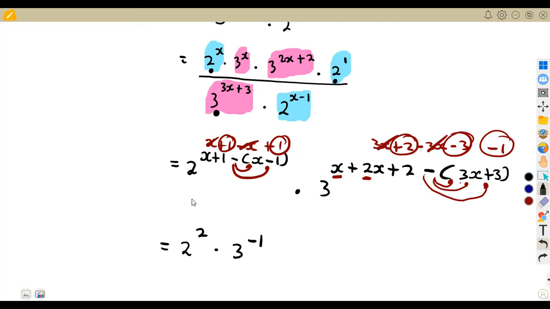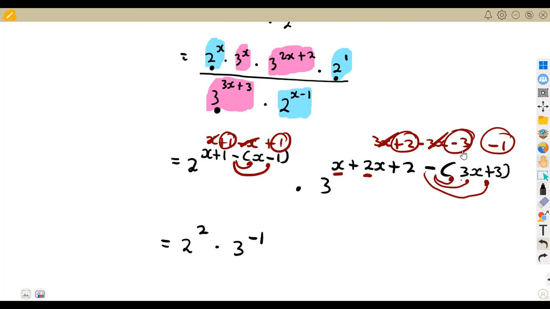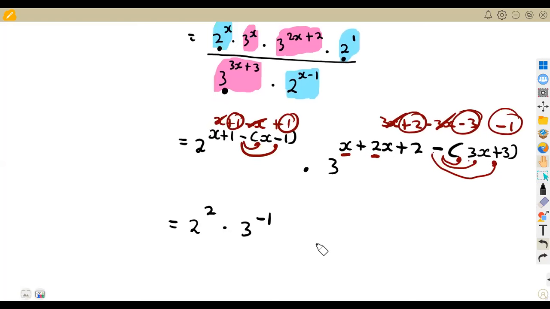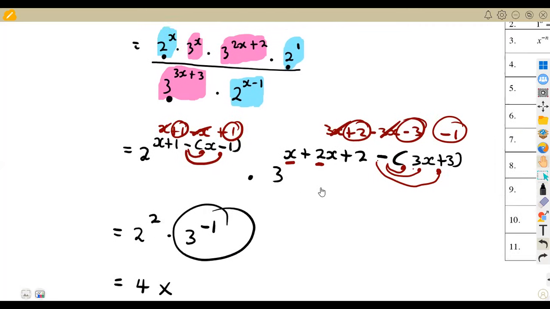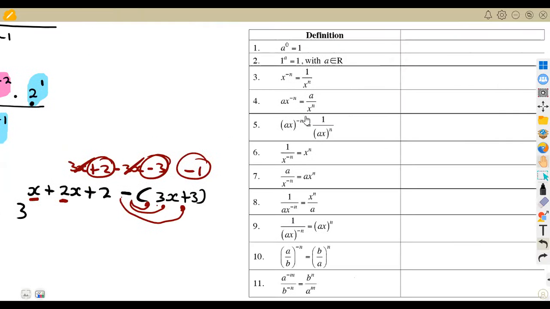Okay? Yes, we can multiply, guys. We know that 2 to the exponent of 2, that's a 4. 2 times 2, that's a 4. So this is going to give us 4 times, what about 3 to the exponent of negative 1? Remember, any number to the exponent of a negative can be taken as 1 over. We are back to this law: x to the exponent of negative n is 1 over x to the exponent of n.